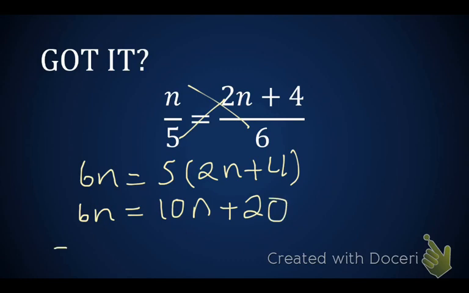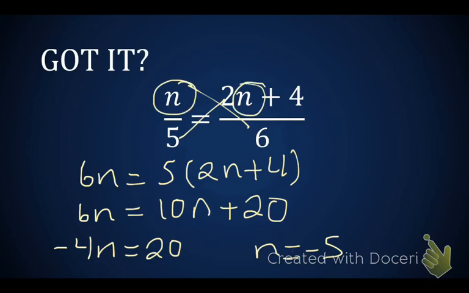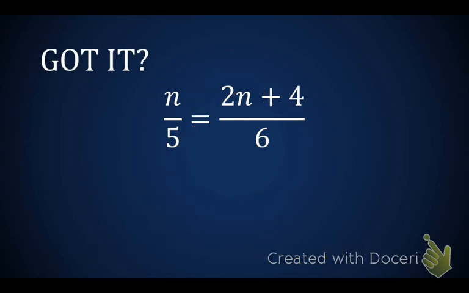Negative 4n equals 20. So n equals negative 5. You should have also substituted this in to see if it gives the right answer. You should get negative 5 over 5 equals negative 6 over 6, which are obviously the same proportions. They give you 1 as your answer.